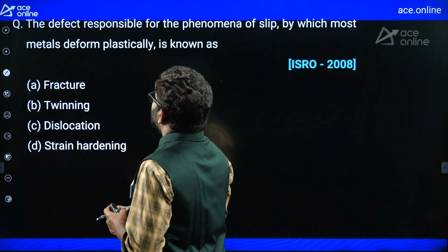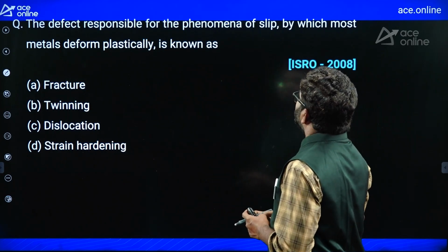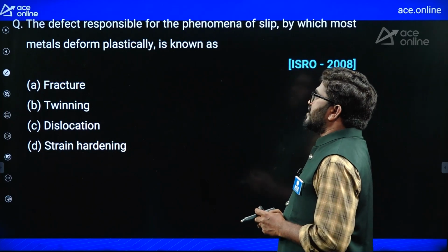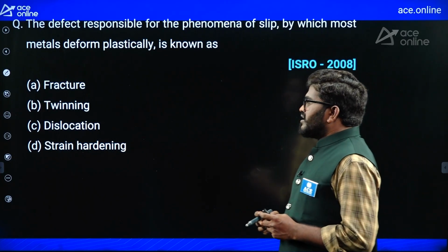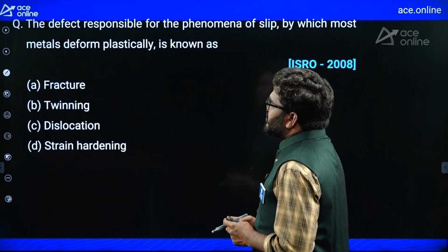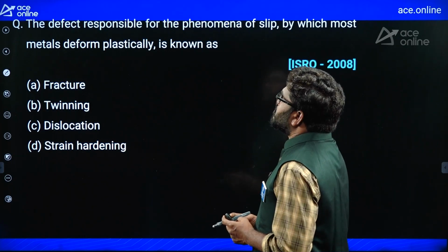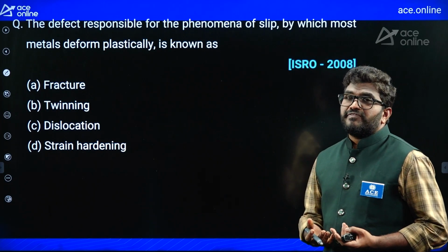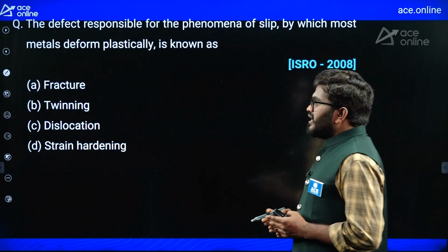the defect responsible for the phenomenon of slip by which most of the metals deform plastically is known as. There are 4 options given here. Here they are discussing the defect.